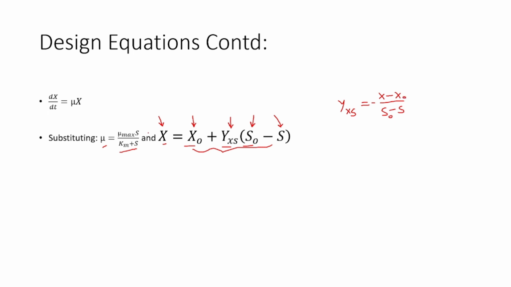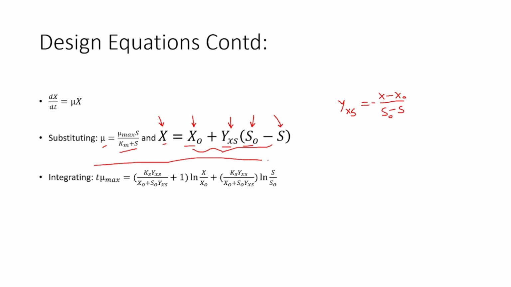So if you substitute it, you get this and integrate. So you will get this long expression. This is the final design equation for a batch reactor. This is very important.